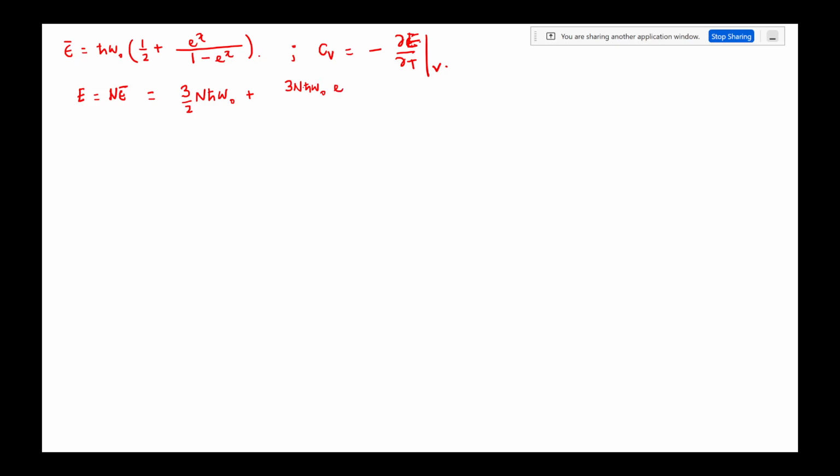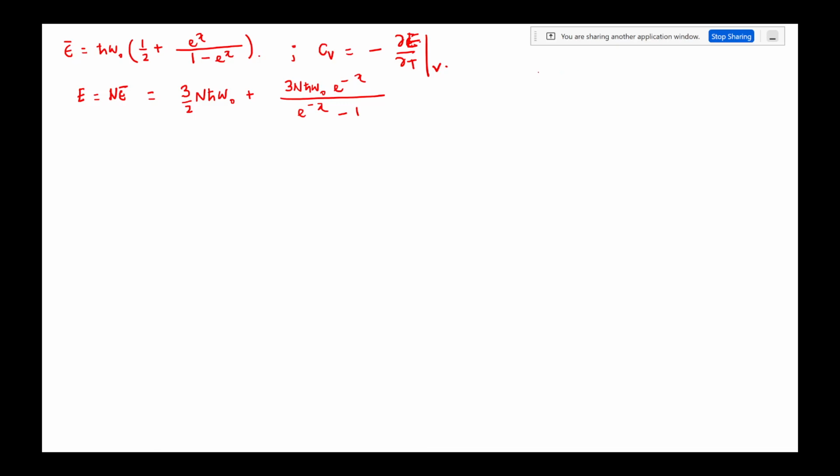Now we can multiply by e to the power minus x on both sides. It will become then e to the power minus x divided by e to the power minus x minus 1, right? Now what is x?